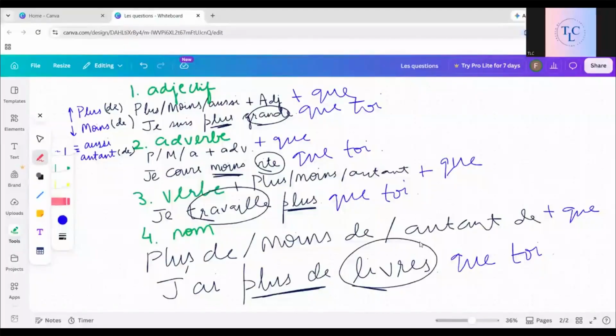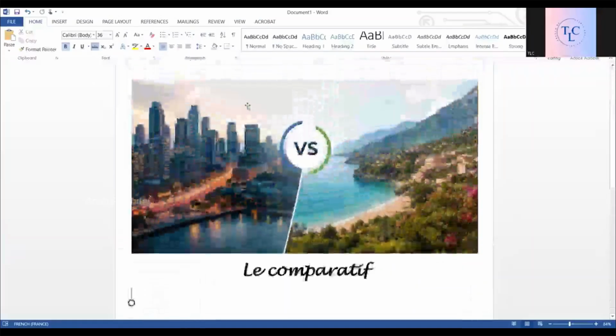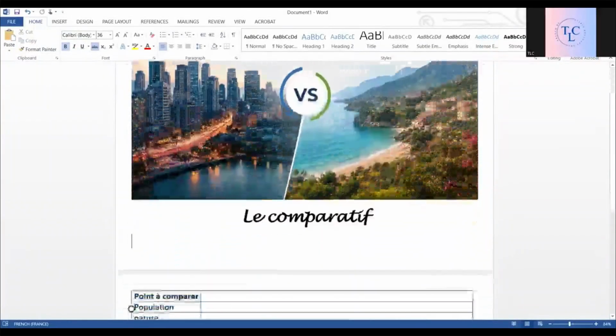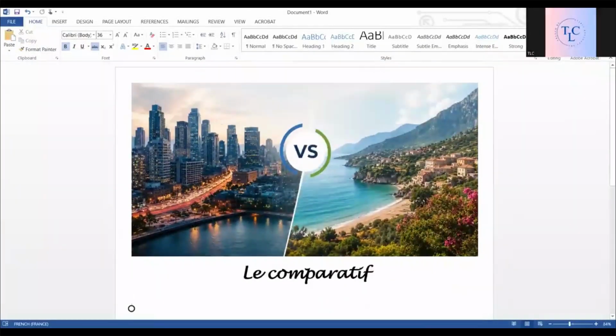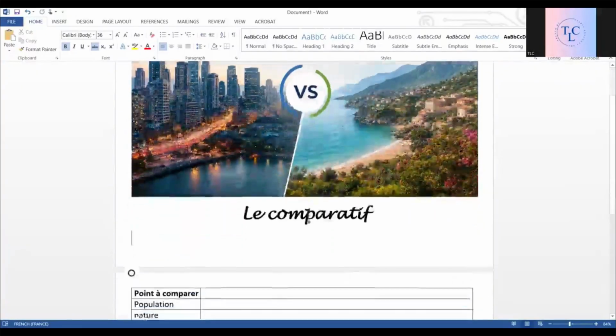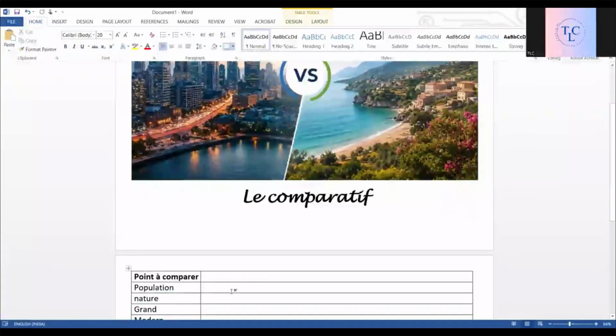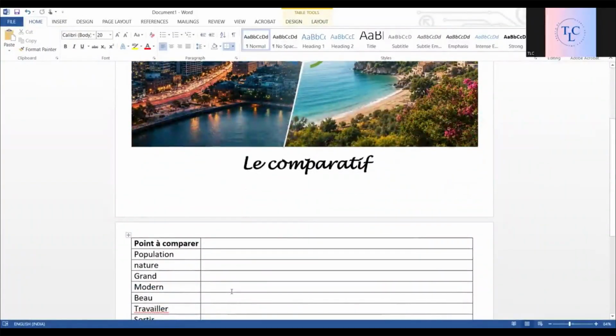Yes. Now, what if we want to compare those two images? Let's see. Le comparatif for these two. So this is une ville et un village. So à gauche, il y a une ville. À droite, il y a un village. Now, if we want to compare the population, then everything is imaginary, so we can have our own sentences.